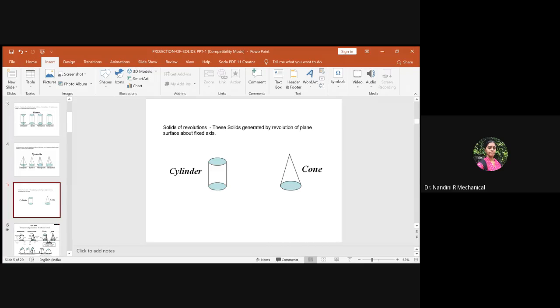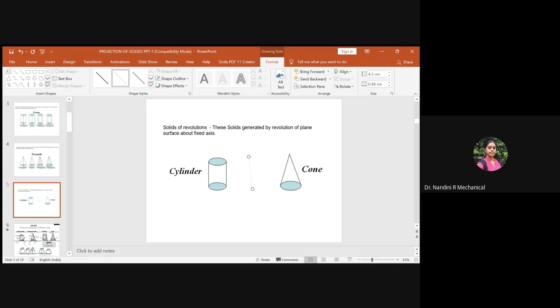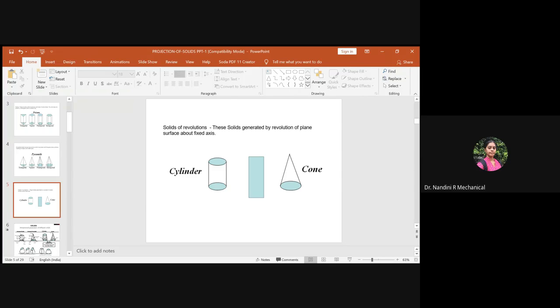Okay, so you can just have an axis here. Suppose you have an axis, so you just draw a reference axis and you use a rectangular lamina. So you have a rectangular lamina along with an axis.